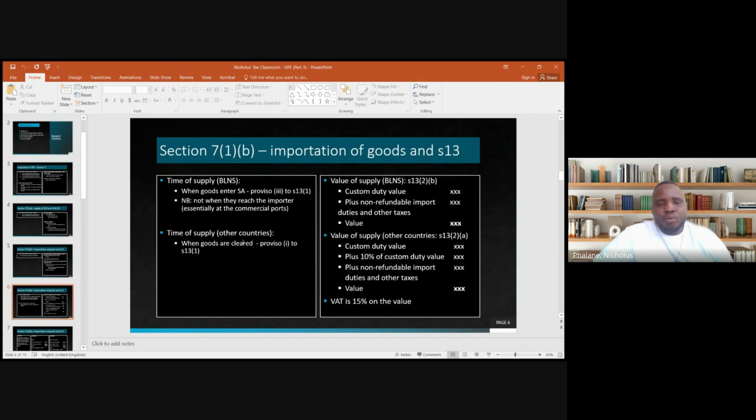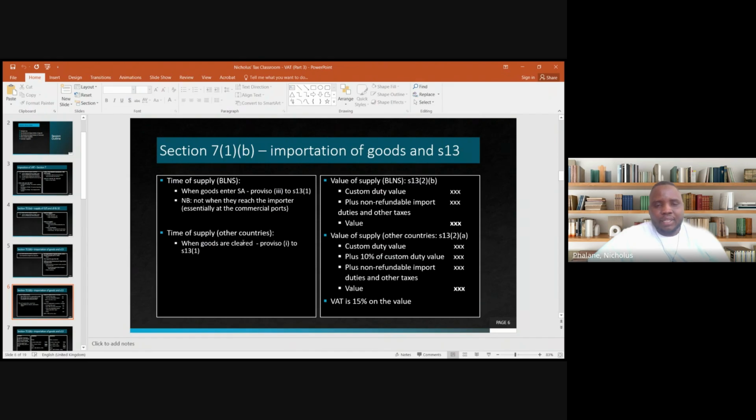And then what is the time of supply when you import from countries other than BLNS? The time of supply is when the goods are cleared. So not when they enter SA, but when they are cleared, right? They will arrive at the commercial ports, then they will be inspected, VAT will be determined and all that, and then they will be cleared.